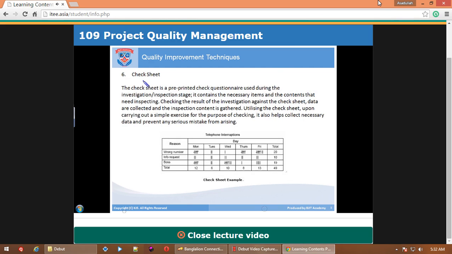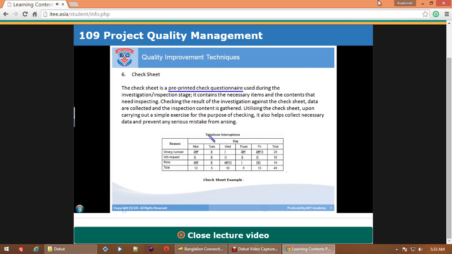Another technique is the check sheet. This is basically a pre-printed check questionnaire used during the inspection stage, and it contains the necessary items and contents that need inspection. For example, we are showing one check sheet here.